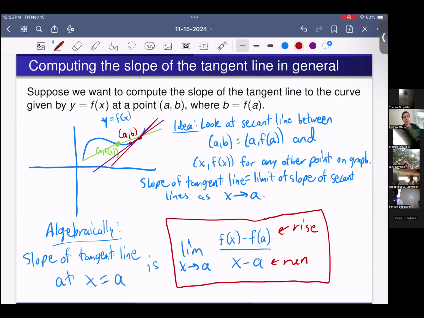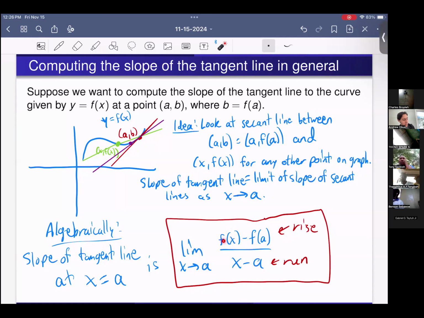Okay, so this is our formula for figuring out, if I have a graph y equals f of x and I want to know what's the slope of the tangent line at x equals a, the answer is I use this formula. I take the limit as x approaches a of f of x minus f of a divided by x minus a. Okay, and this is exactly what we did in the last example. Here, f of x was x squared and a was 2.